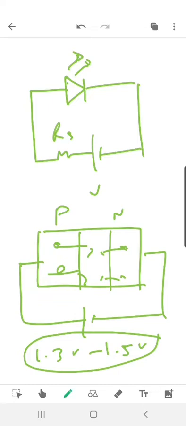The contact potential, or potential barrier, or cut-in voltage for LED is the same. So at a voltage between 1.3 volt to 1.5 volt, this LED will start to emit light. Our LED can emit light either in the visible range or in the infrared spectrum. We have two types of LEDs depending upon this emission.